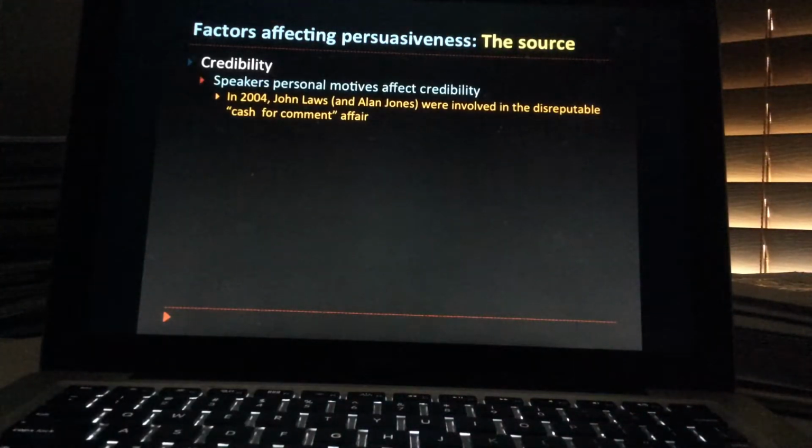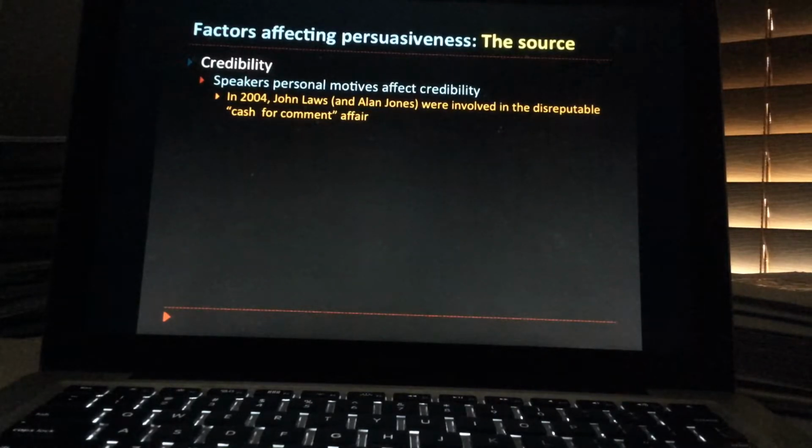Okay, so a little bit more about the source is the credibility of the source, right? So if you have a highly credible source, people are more likely to be paying attention to it. And by the source, I mean the person delivering the new information. So speakers can have personal motives which can affect credibility. So a quite famous case is this idea that John Laws and Alan Jones were both previously quite vocally against Telstra.